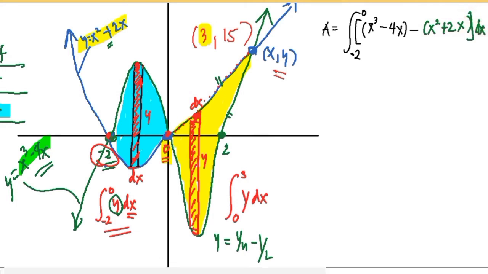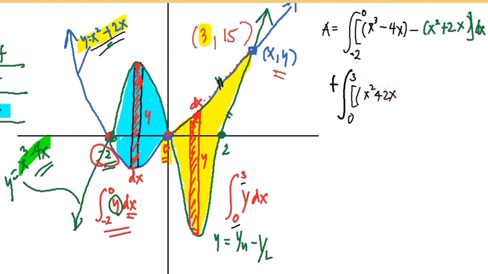Then, we have plus another integral. Anong limit natin? From 0 to 3. Yung y up natin, itong blue sa curve natin, makikita sa drawing, itong blue yung y up natin. So therefore, that would be y up, so x squared plus 2x.